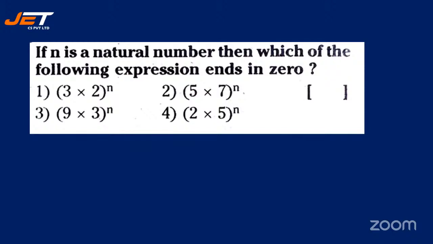If n is a natural number, then which of the following expressions ends in 0? What has 0 in its units place? 3 times 2 power n, 5 times 7 power n, 9 times 3 whole power n, 2 times 5 whole power n.